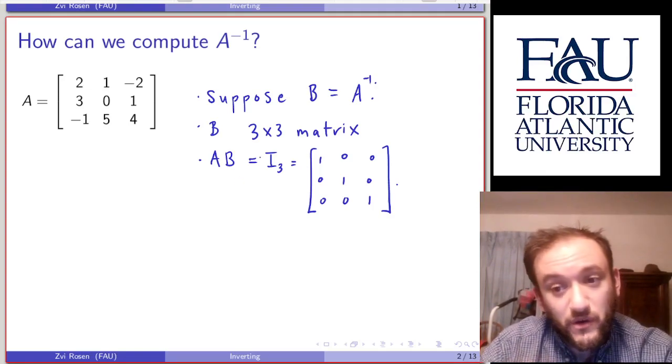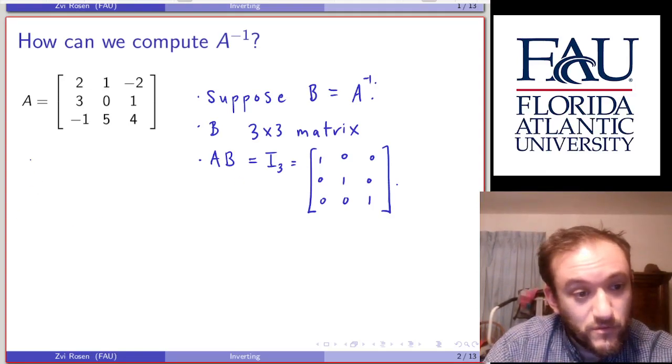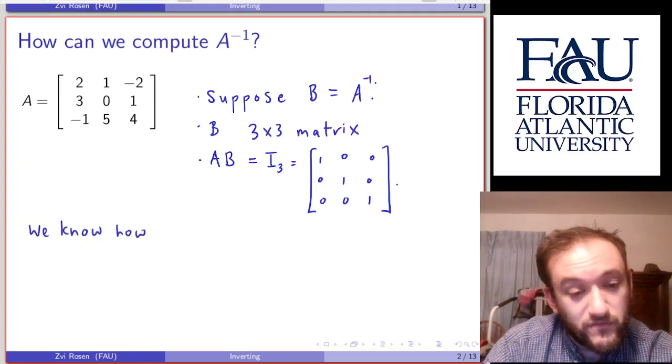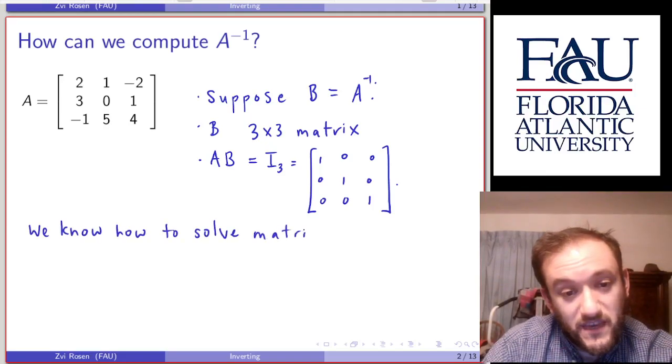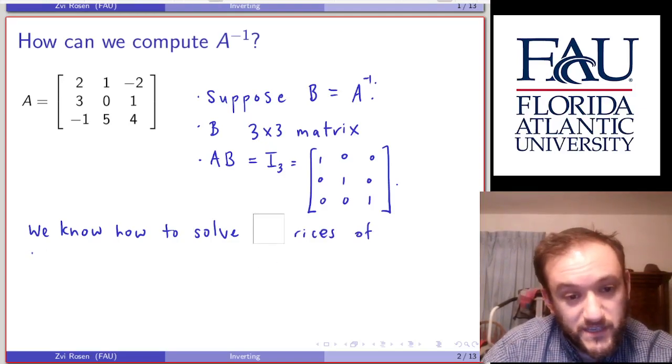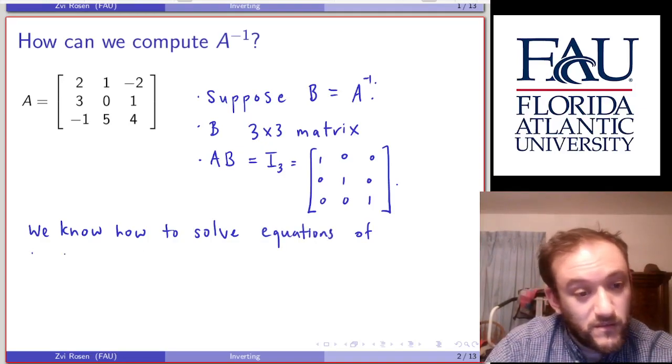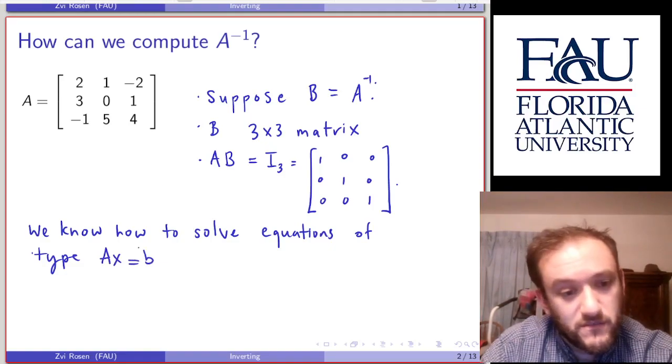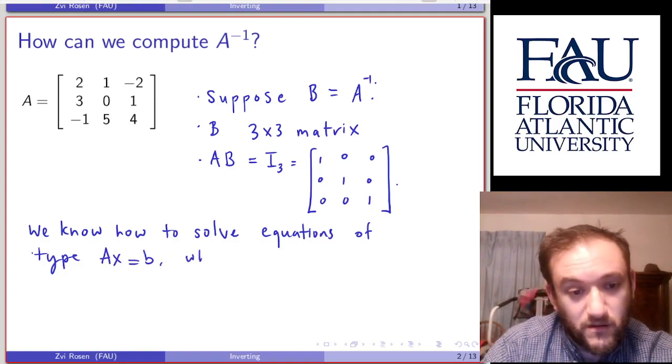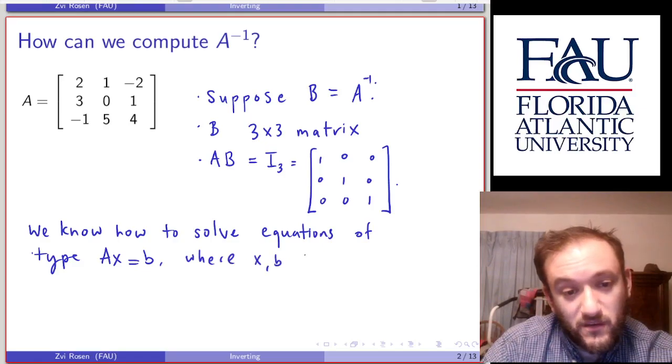But one thing we do know how to do is solve equations of type AX equals B, where X and B are vectors.